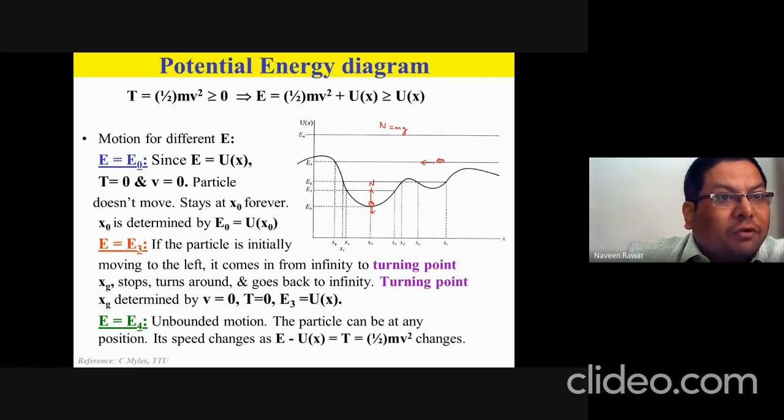Because that is the amount of energy it possesses. When it comes and hits this point here, that is the maximum point that is going to exist, and then it is just going to stay there, or it's just going to slide back down. But you won't see a condition where the particle can cross over this energy barrier, because the energy of this hill is higher than the energy that the particle is possessing.